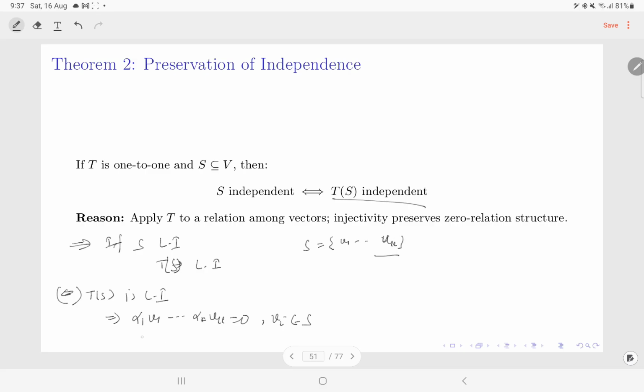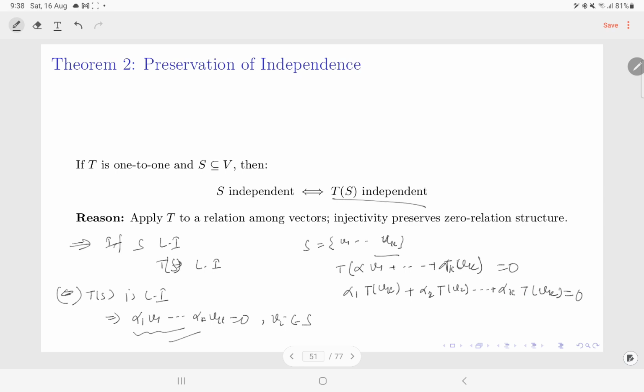Yes. Now if you apply this linear transformation, how can you write that? T of alpha 1 v1 plus and so on plus alpha k vk has to be 0, of course, from here. From linearity you know this: alpha 1 T(v1) and so on, alpha k T(vk) has to be 0.